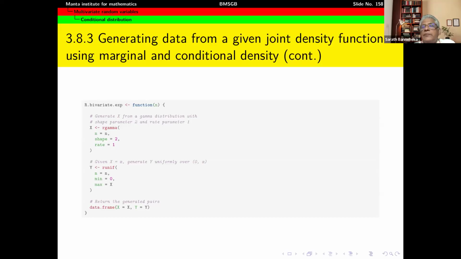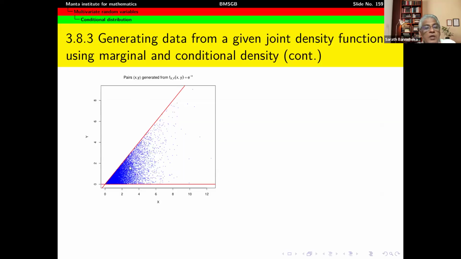So I generated about 10,000 numbers using this. And I just have drawn the scatter plot, y versus x, just to see how those observations appear in a scatter plot, right? So this is what I get after generating 10,000 numbers.